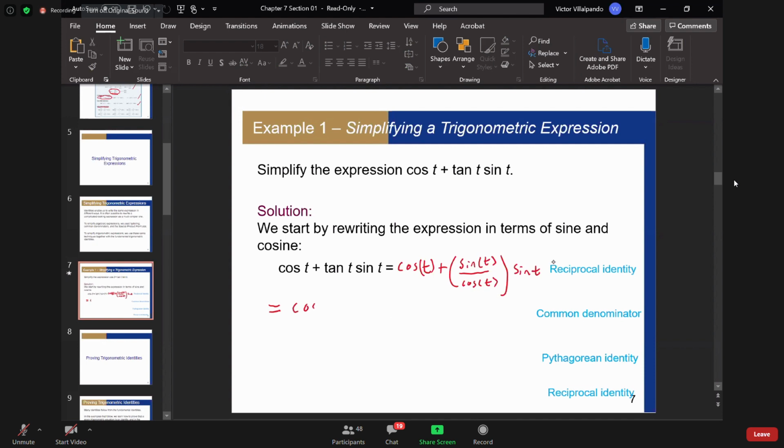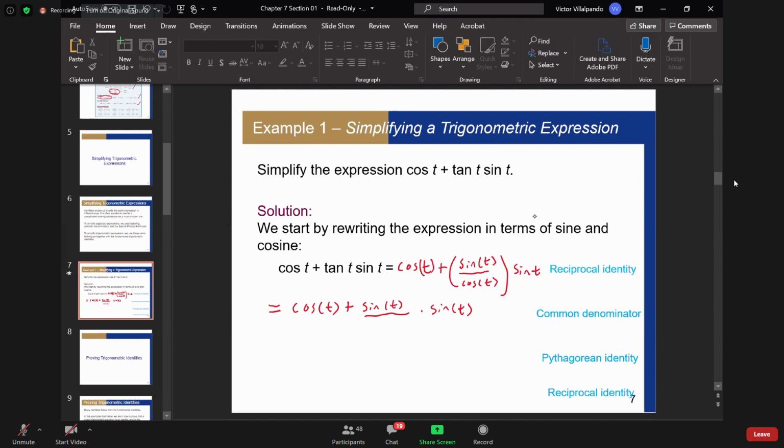So cosine t plus sine of t over cosine of t times sine of t. They give us a little bit of hints on the right-hand side. They say common denominator.